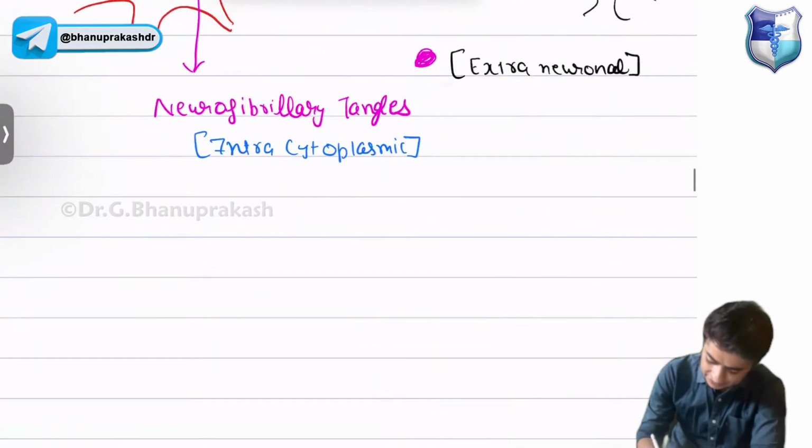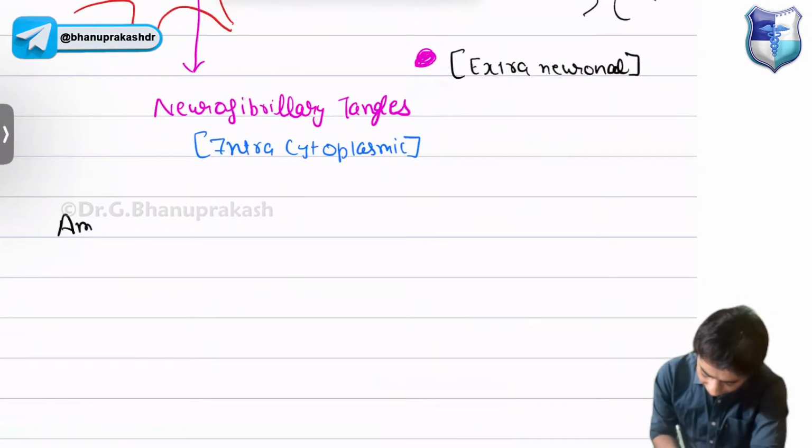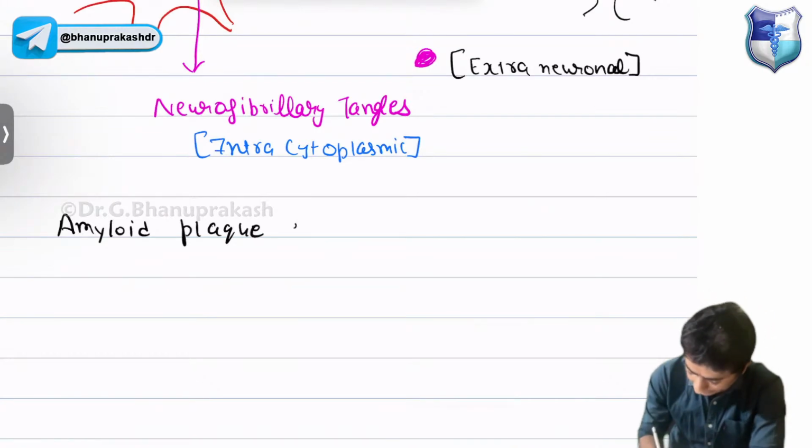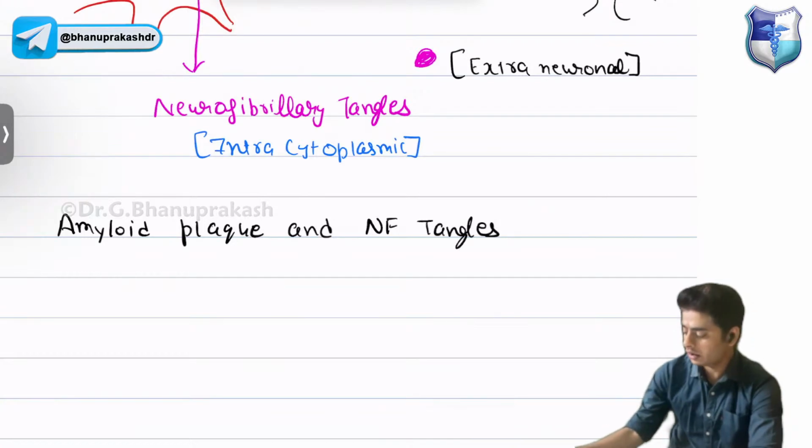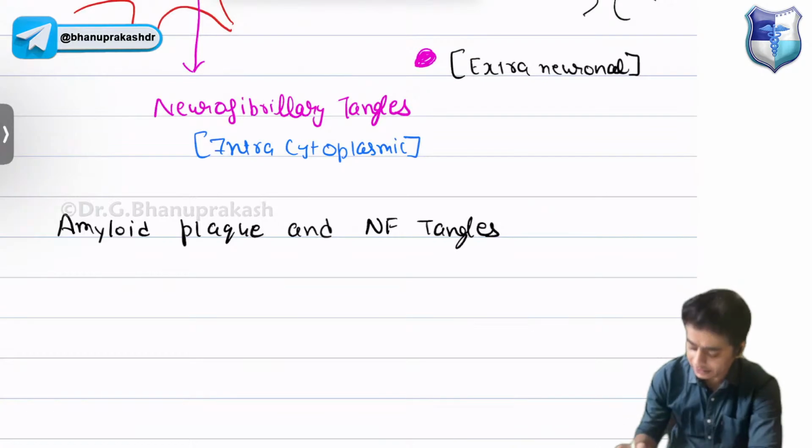So we can say that there is amyloid plaque, and there are your NF tangles.